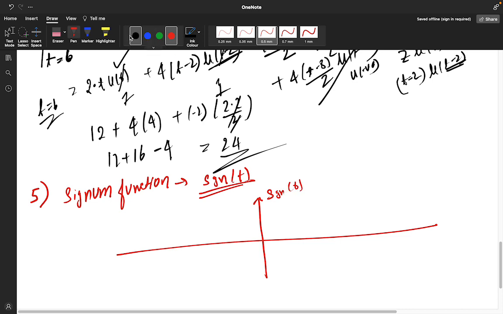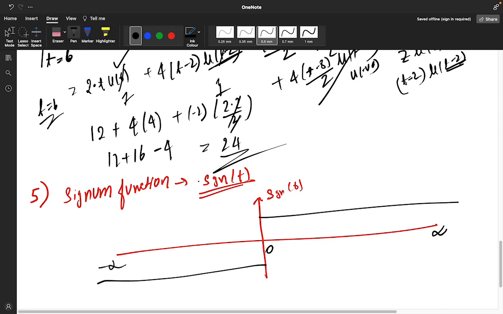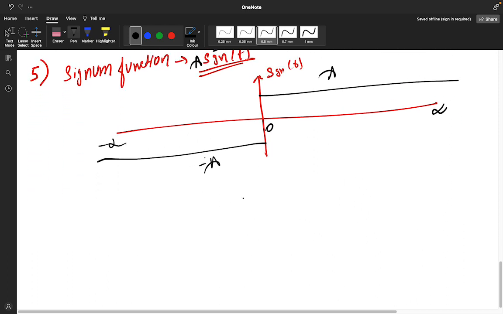Signum of t: from 0 to infinity it will be positive, and from 0 to minus infinity it will be negative. If a is there, then it will be a on the right-hand side, and on the left-hand side you will get minus a. This is the signum function.